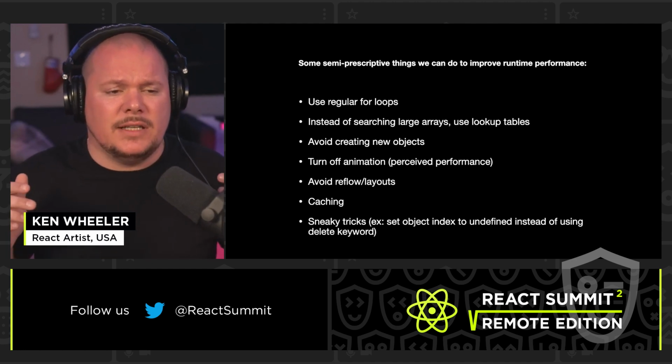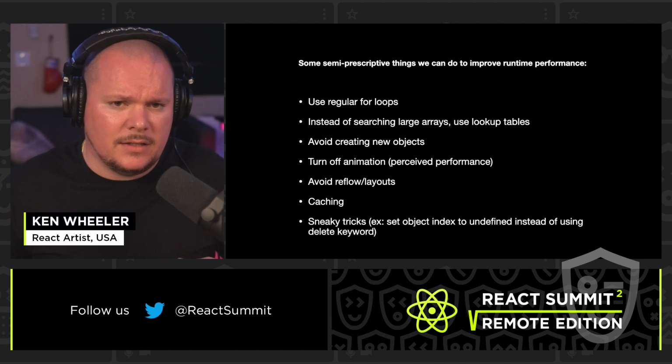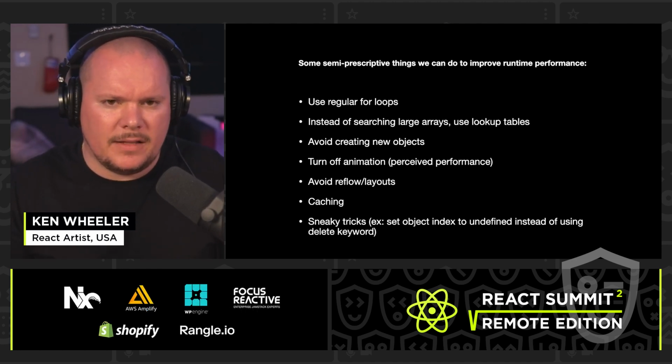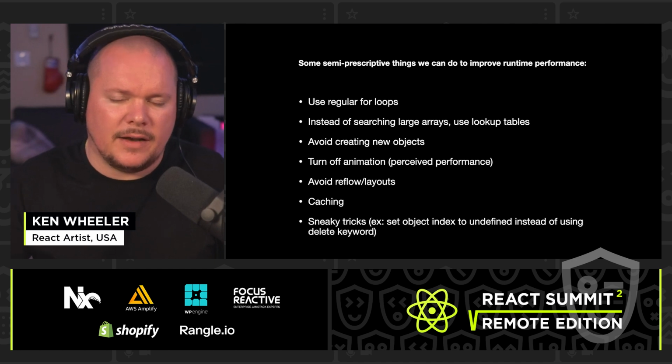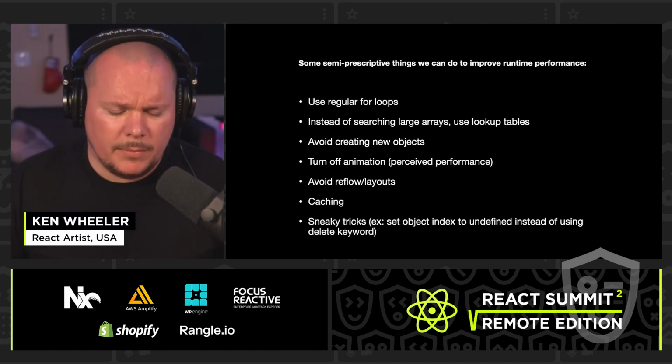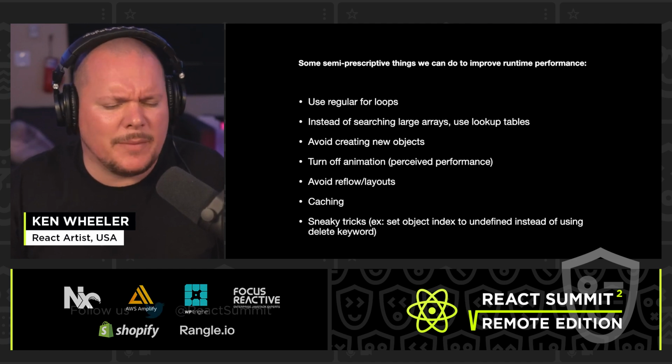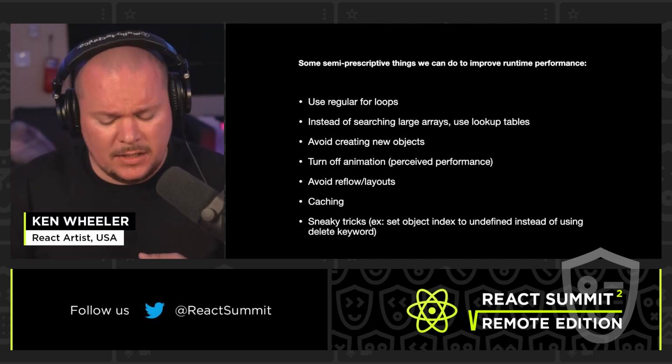Caching is an easy way to improve your runtime performance. A lot of the time you'll see on every single render, people will call a date format or something like that, and a date format is expensive, or create a date object.